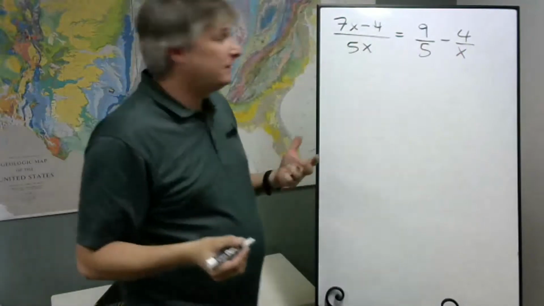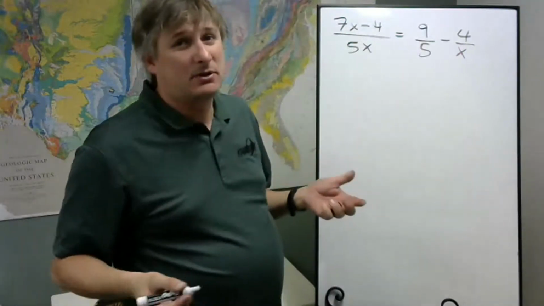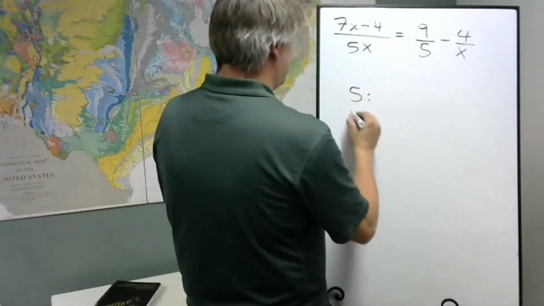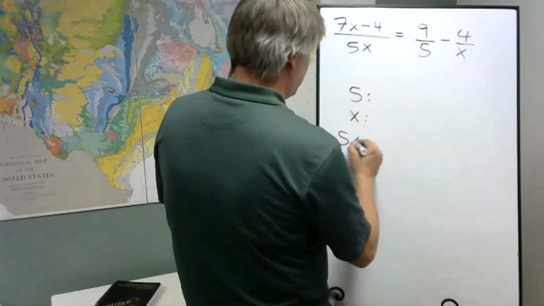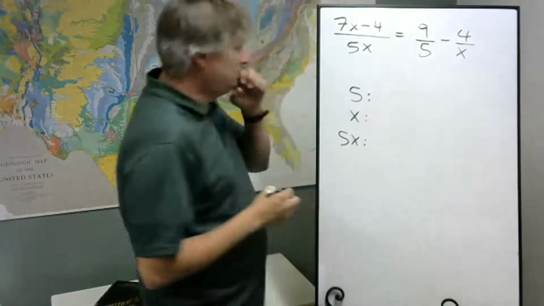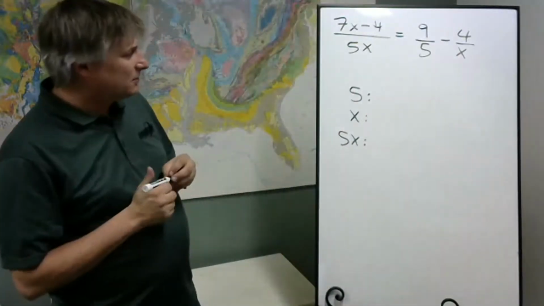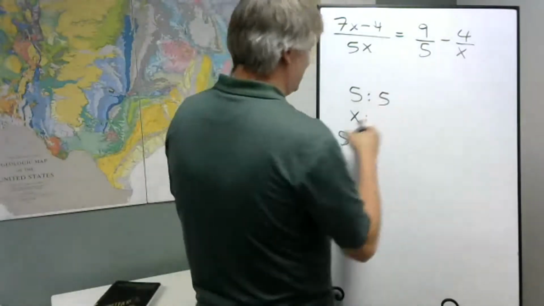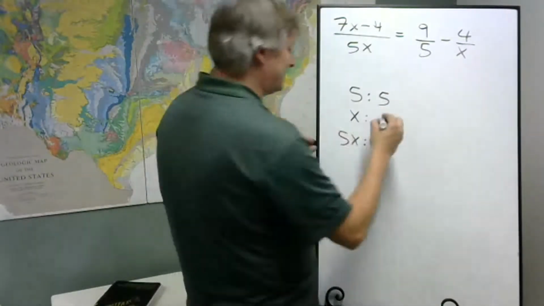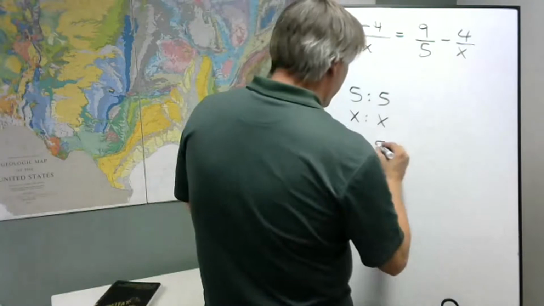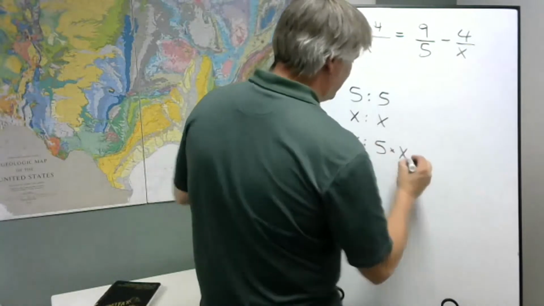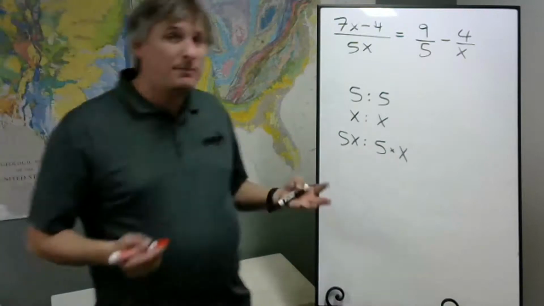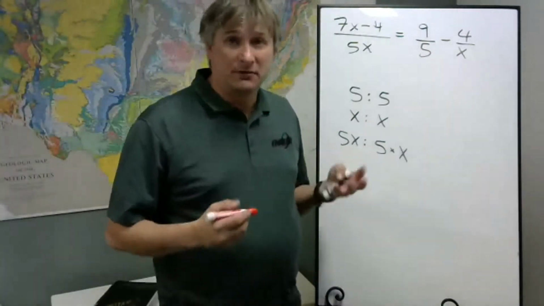Now we want to find an LCD, so that means we want to list all the types of denominators. So we have a 5, we have an x, and we have a 5x. So this one just factors to a 5. This one just factors to an x. Now this one factors to 5 times x. Now we want to make all these denominator factorizations look the same.